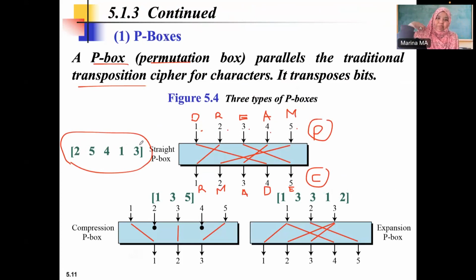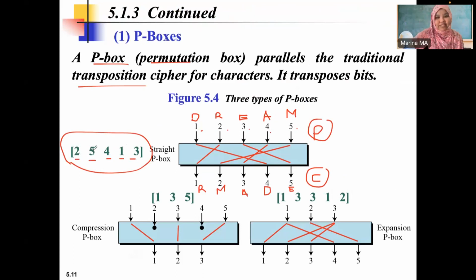Now, where is the position in the ciphertext? The second position in the plain text becomes what position in the ciphertext? Can you see the actual position? This is the first position, second position, third position. So the second position in the plain text becomes the first position in the ciphertext.